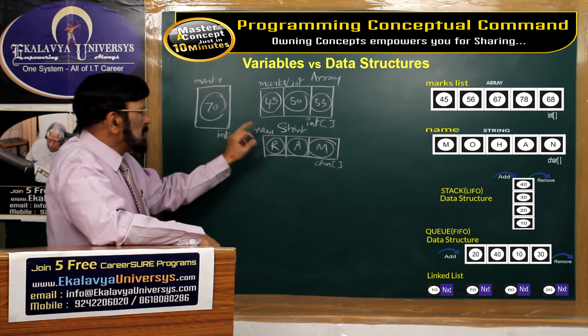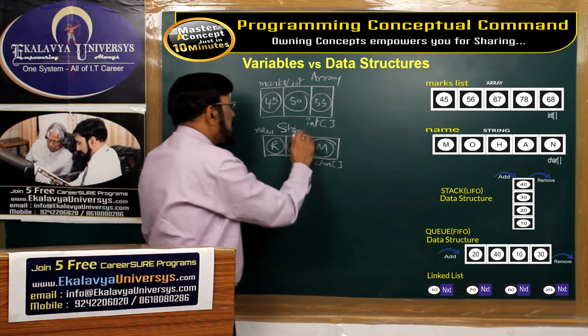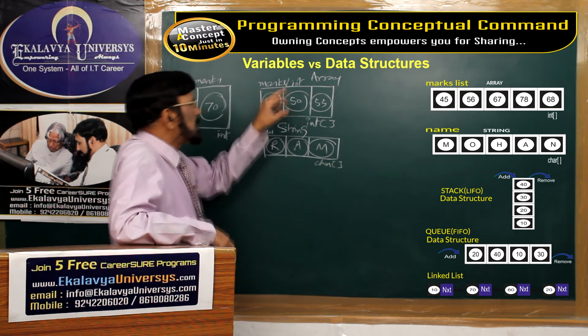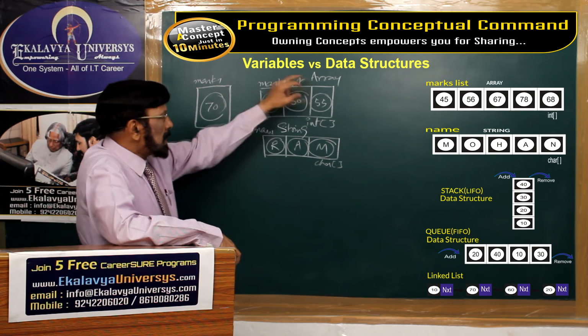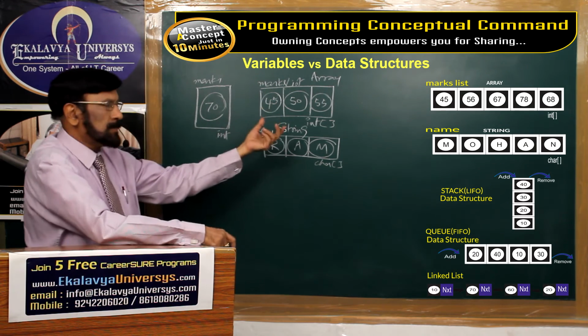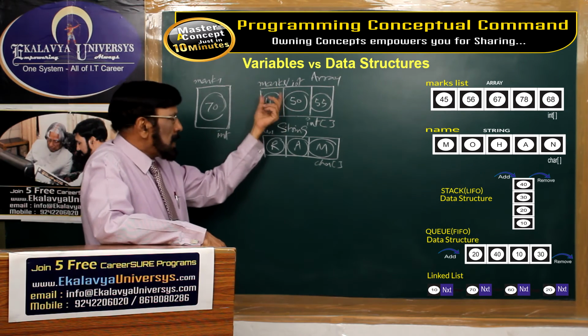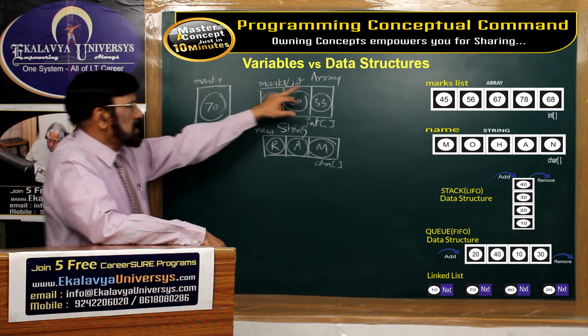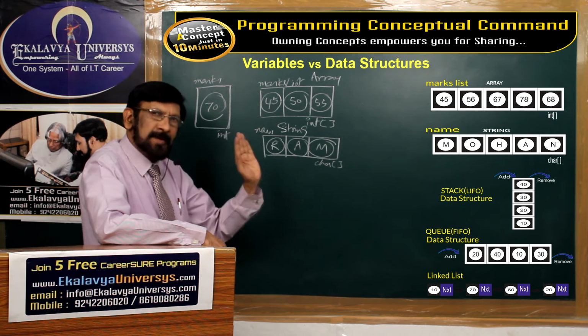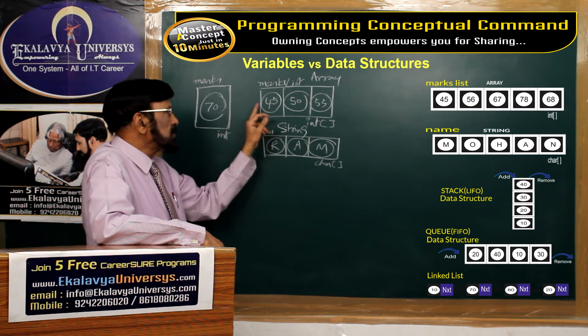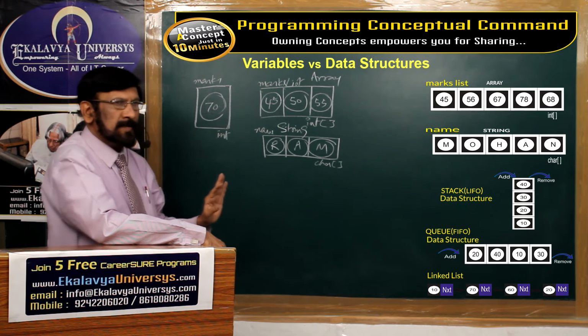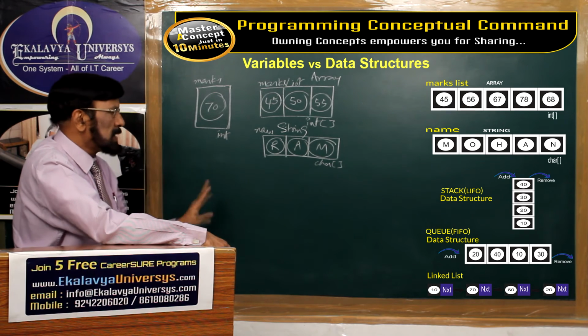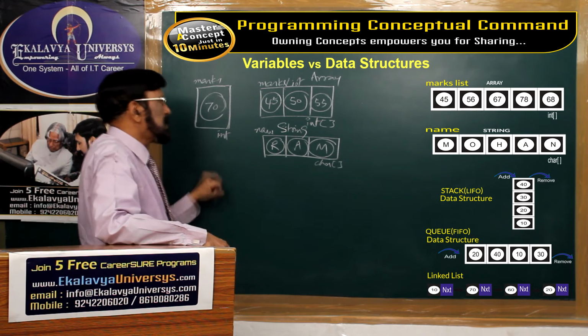Char array is string. In an array we store numbers of integer type or floating point type. Here one thing I have to tell you: in an int array we can store only integer values. In a floating point array we can store only floating point values. All should be floating point values. That point you have to understand.